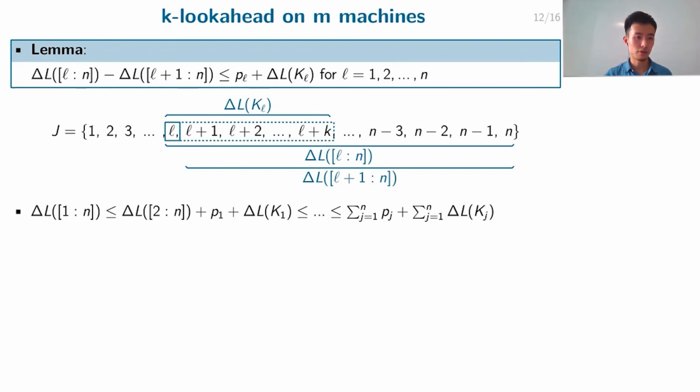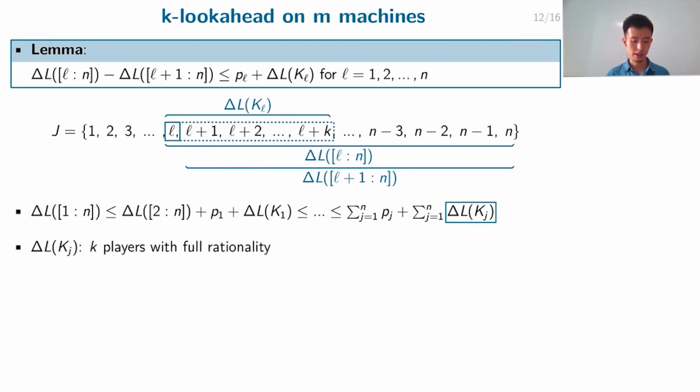Delta L from 1 to n means the mixed span created by all the jobs. So this inequality implies that the mixed span is no larger than this term. This term is the sum of the minimum processing times plus the sum of delta LK.